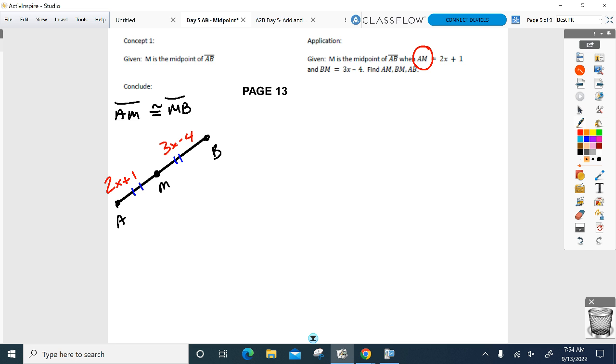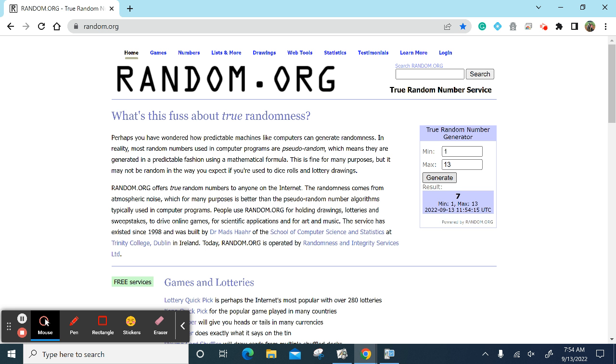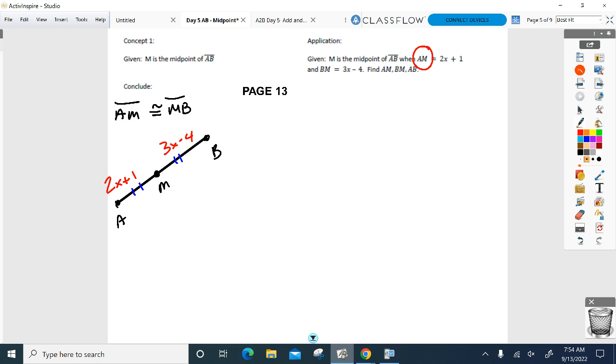Can you guys set something up now to solve for x? Got to know what midpoint means, right? Somebody set me up an equation to solve for x now, knowing what you know here. 5x minus 3. Okay, what are you doing with that? If I just write that down, and here's the common mistake.